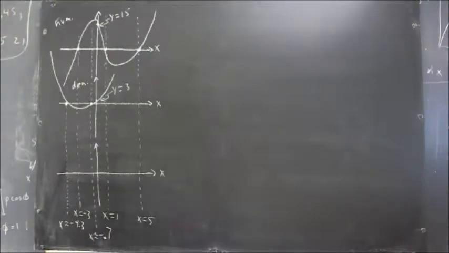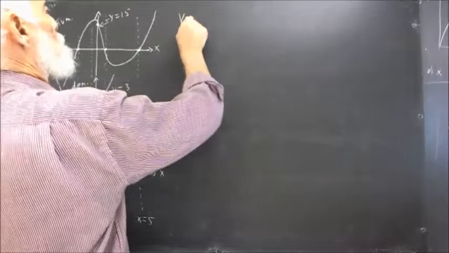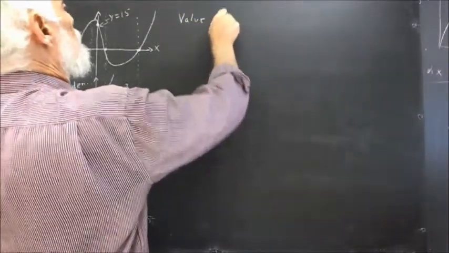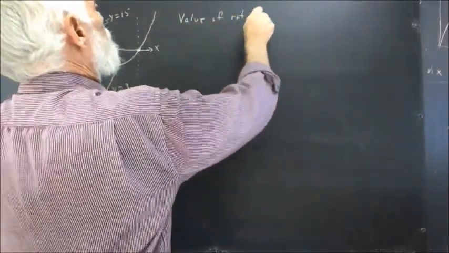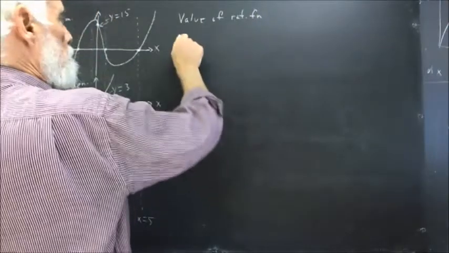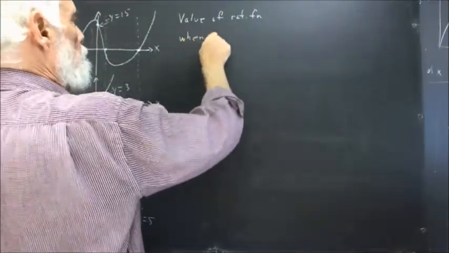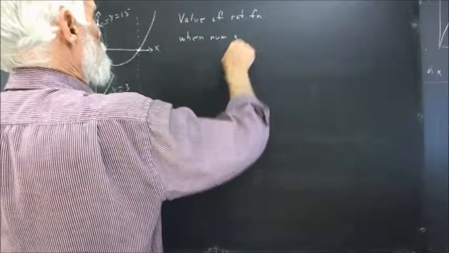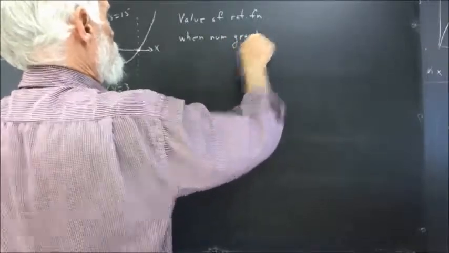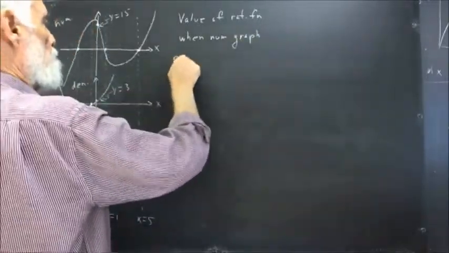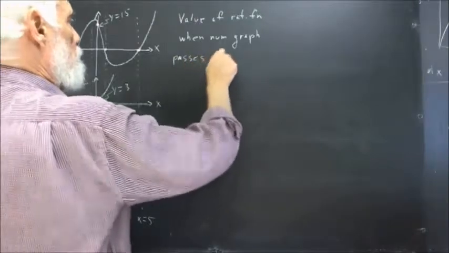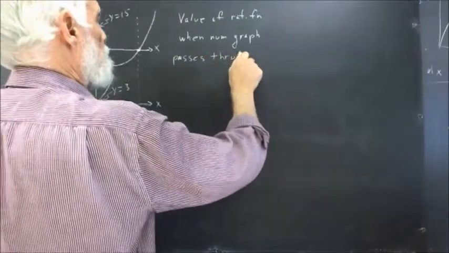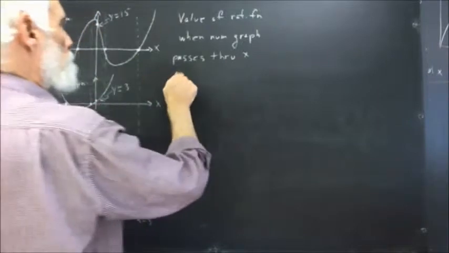Now my question is, what's the value of the rational function when the numerator graph passes through the x-axis?